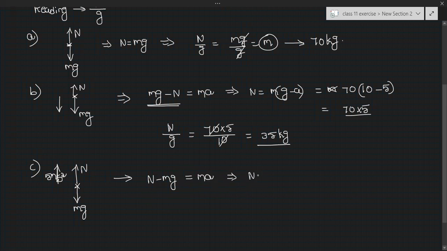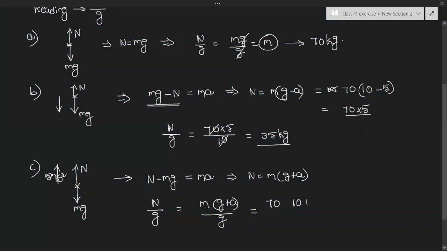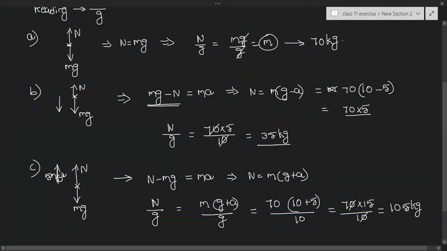So that implies N equals m into (g plus a). Now the reading of the weighing scale is equal to N by g, which is m into (g plus a) by g. Now we'll substitute all the values. m equals 70, g plus a means 10 plus 5, by g, 10, which is equal to 70 into 15 by 10, so it is equal to 105 kg. So this is the weight reading of the person when the lift is going in the upward direction.